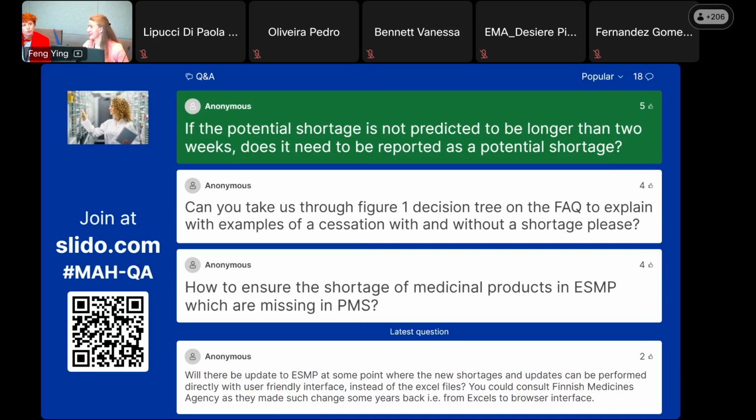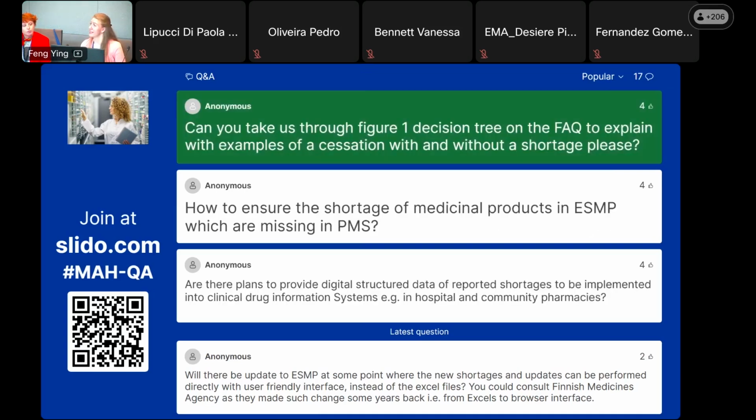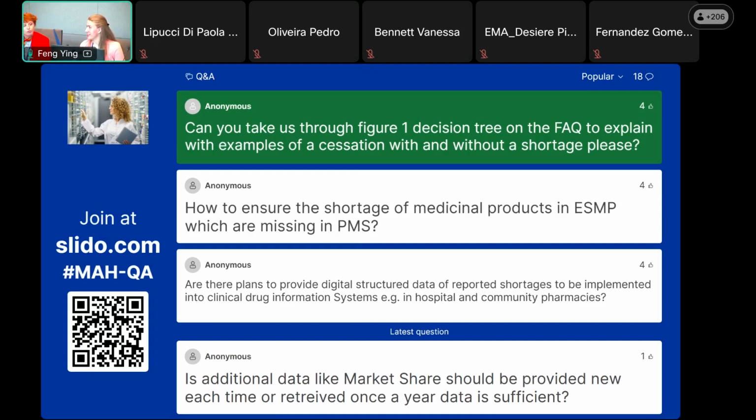Moving on to the next question. Can you take us through Figure 1, the decision tree on the FAQ, to explain with examples of a cessation with and without a shortage, please? This is referring to the flow chart, the process relation between the notification of marketing status via the IRIS platform and reporting via the ESMP.